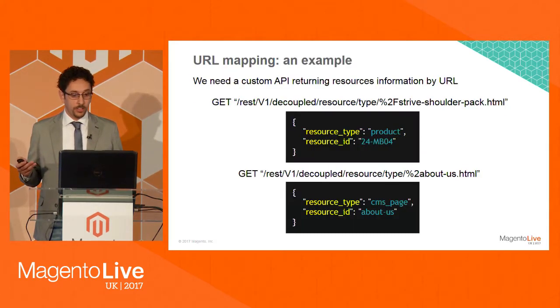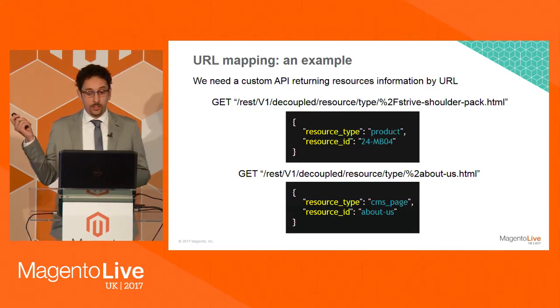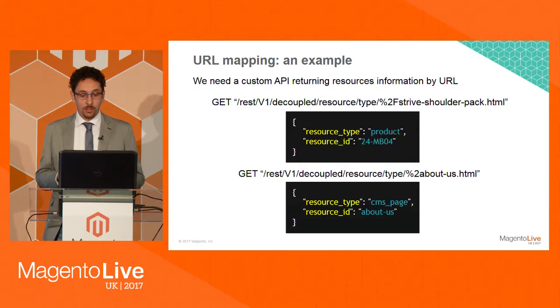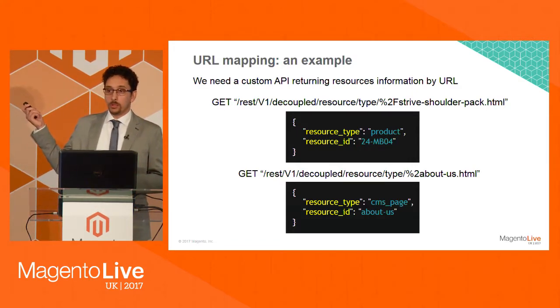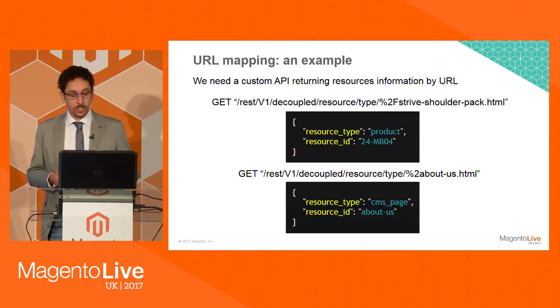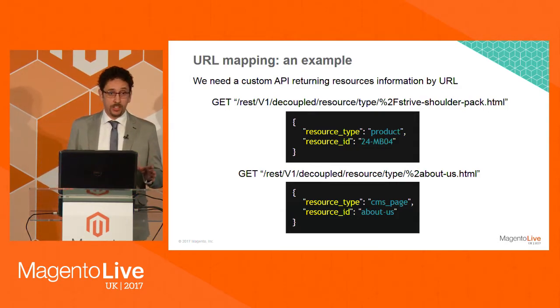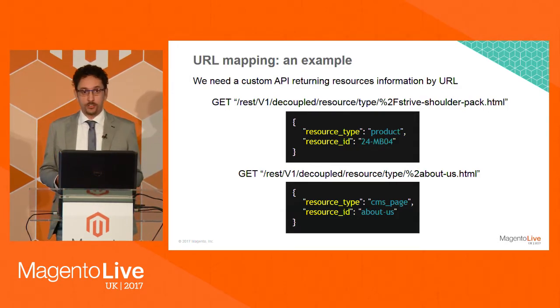Just to make a couple of examples: the first one is how to get information about stripe-shoulder-pack.html. The application should respond with resource type product, so we know it is a product, and the resource ID, the ID of the product. And the same for a CMS page. This is very tricky, probably the most tricky part of decoupling Magento.